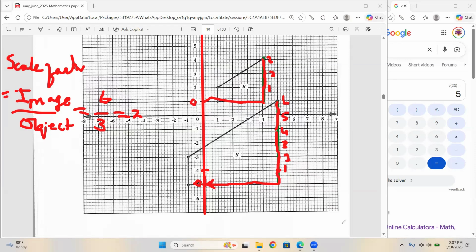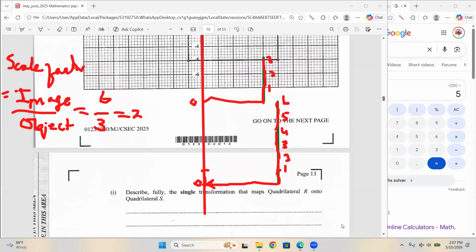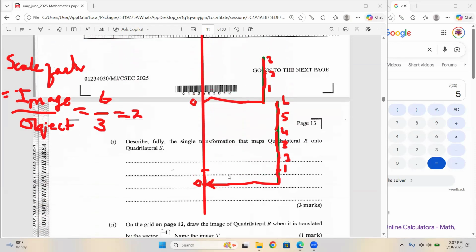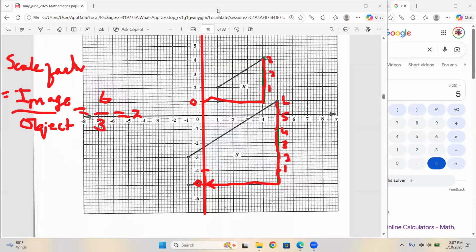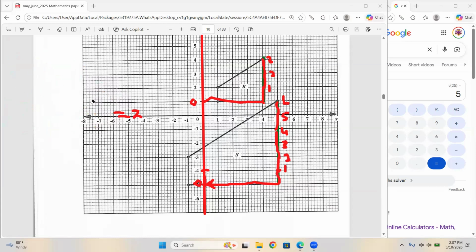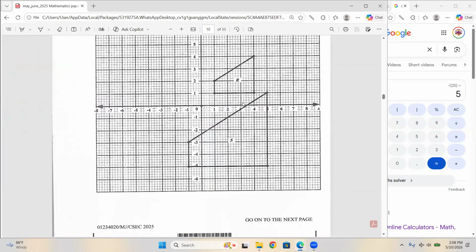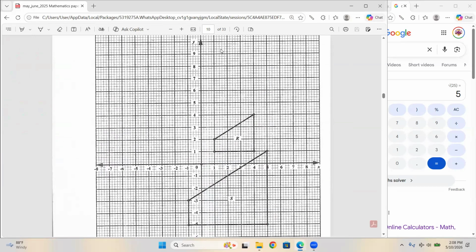One other thing we need, because the question is for 3 marks, is the center of enlargement. All you really have to do on this diagram is draw some lines through corresponding vertices. To make it make more sense, I am going to label the diagrams.